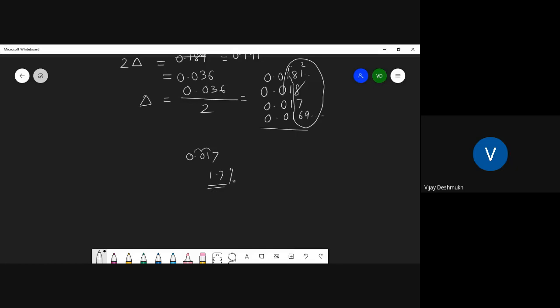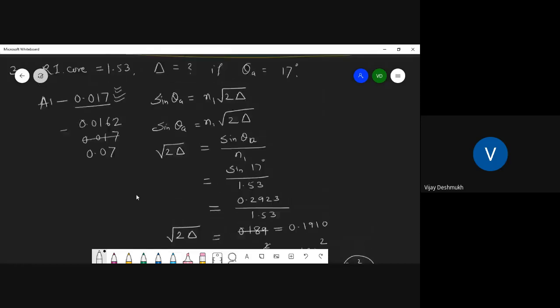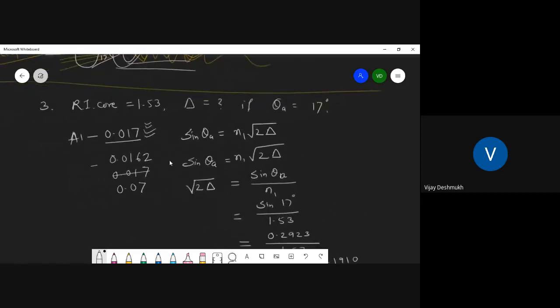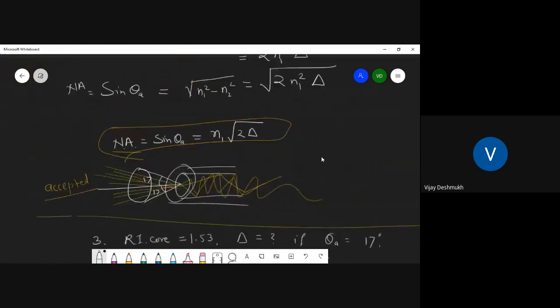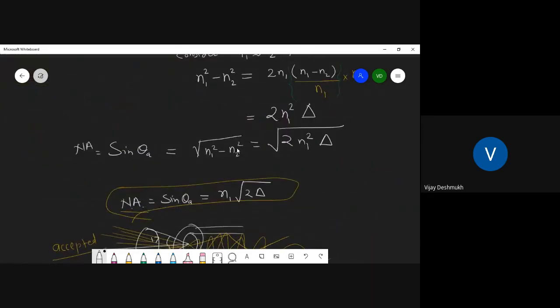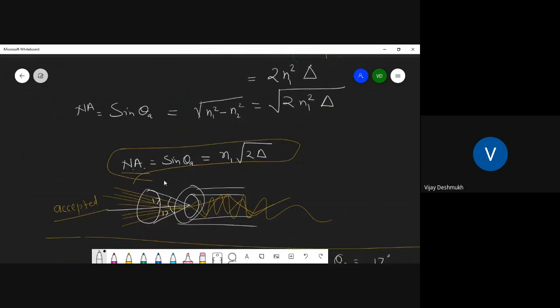So the core refractive index is quite close to the cladding refractive index. And as you reduce this difference, look at the formula n1 square minus n2 square: if this difference is very small, then this angle will be smaller. The greater the difference, the more the angle increases.